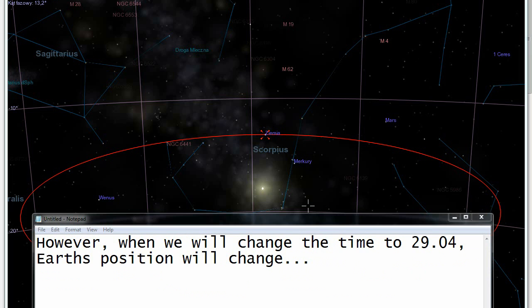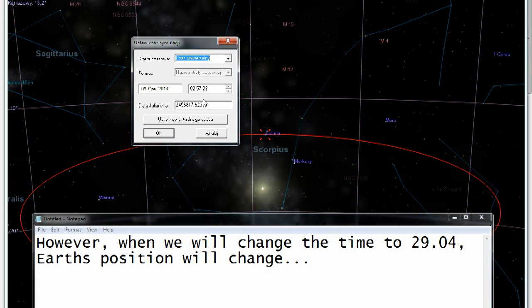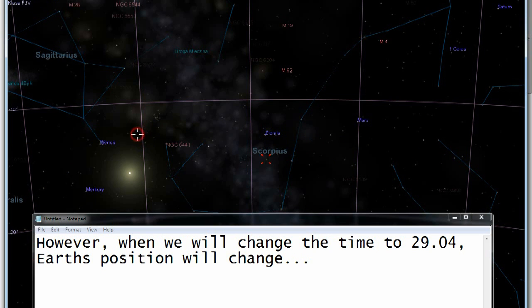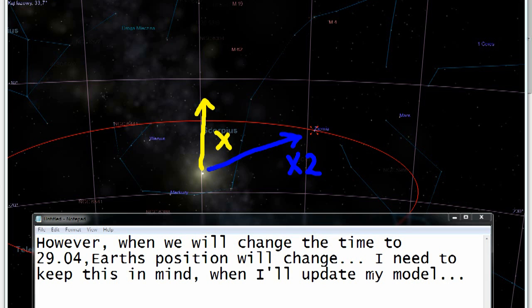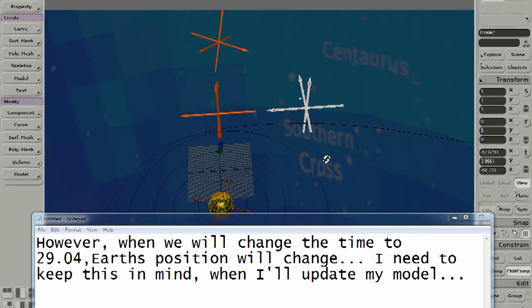However, when we change the time to 29th of April, Earth's position will change. I need to keep this in mind when I update my model.